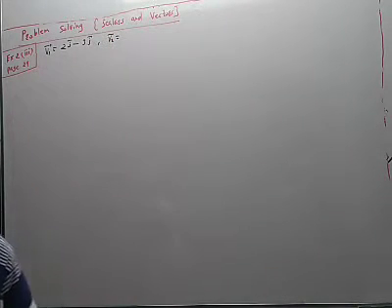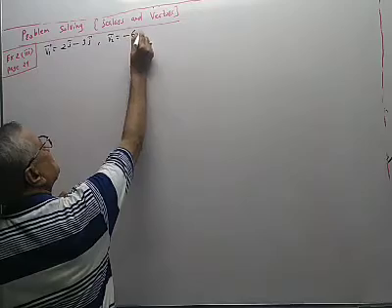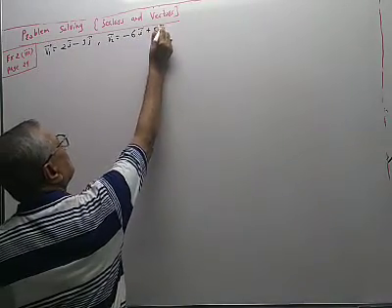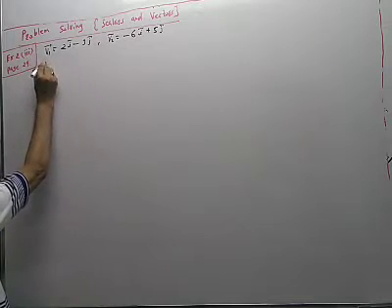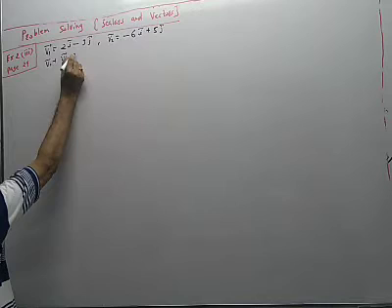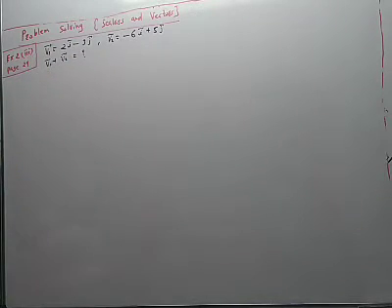V2 is equal to minus 6i plus 5j. So we have to find vector V1 plus vector V2, its magnitude and direction also. So first we will find V1 plus V2.